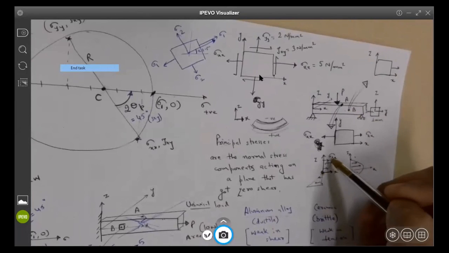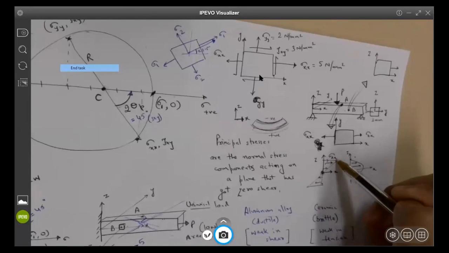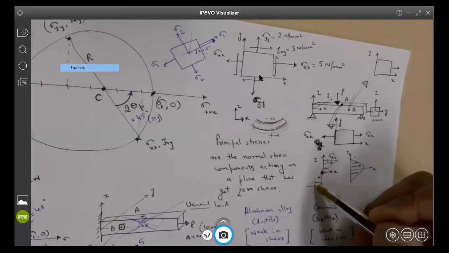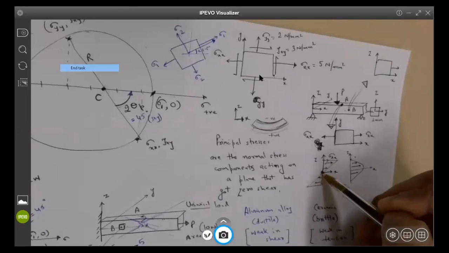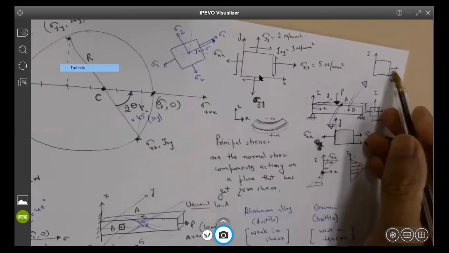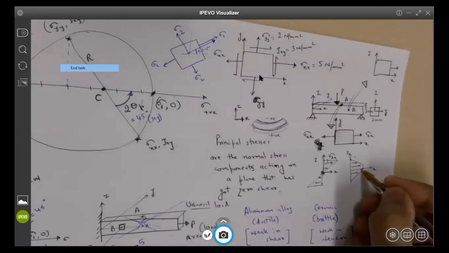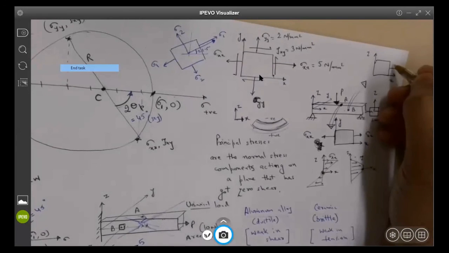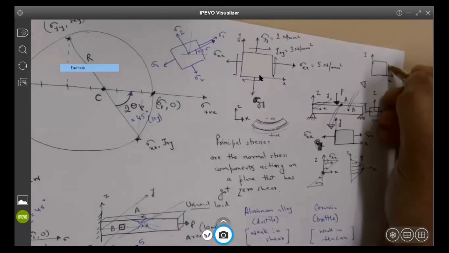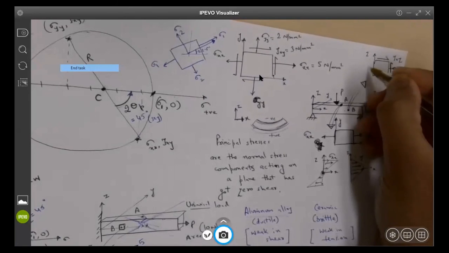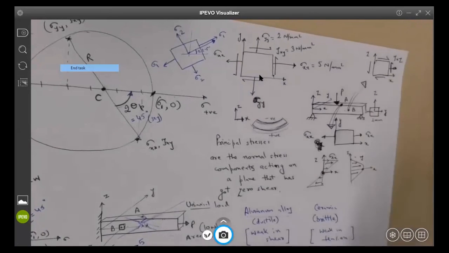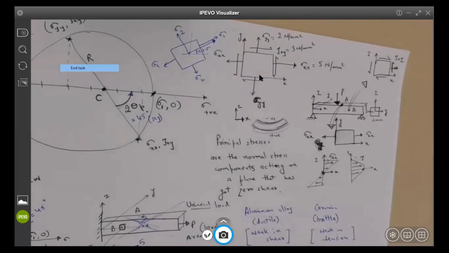The bending stresses vary like this: maximum at the top, maximum at the bottom in the other direction, and 0 at the middle. So sigma xx is 0. So what else is remaining then? Is it tau? Yes, the only thing that is remaining is tau. So tau xz is the only stress that is remaining. You see what I'm saying?